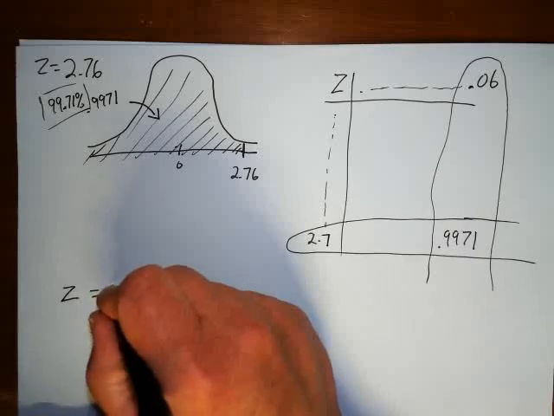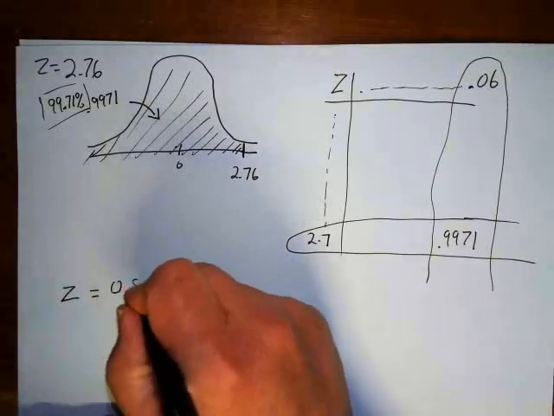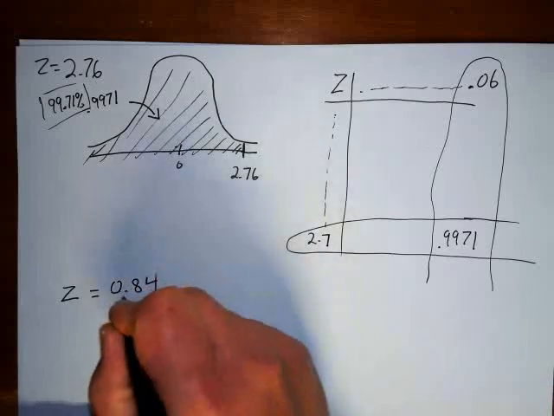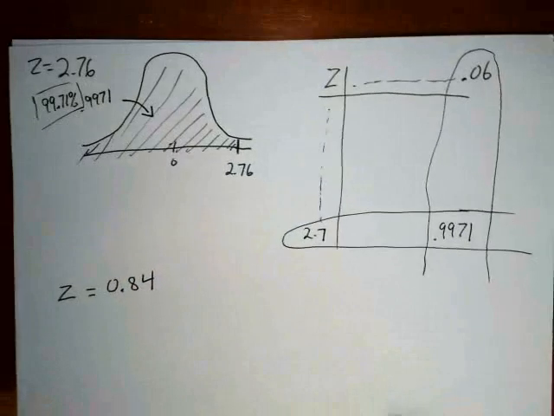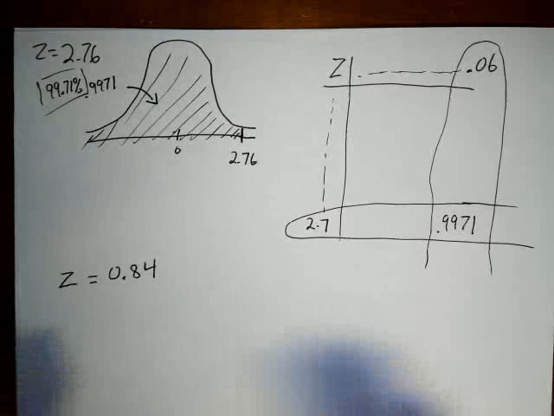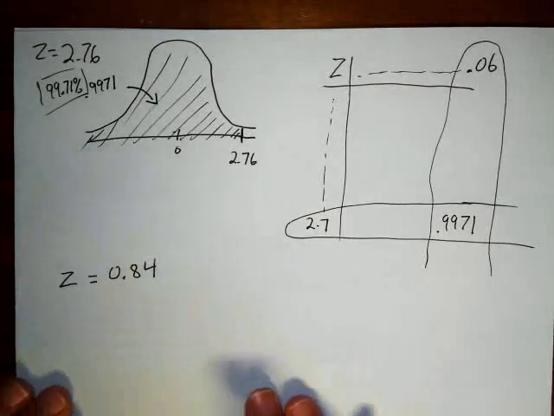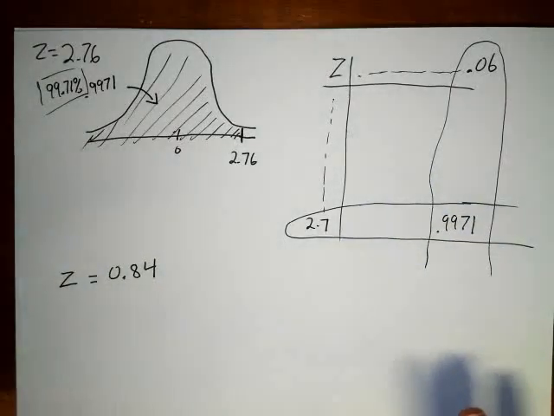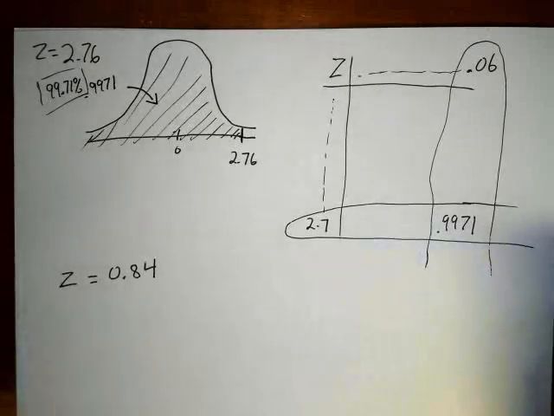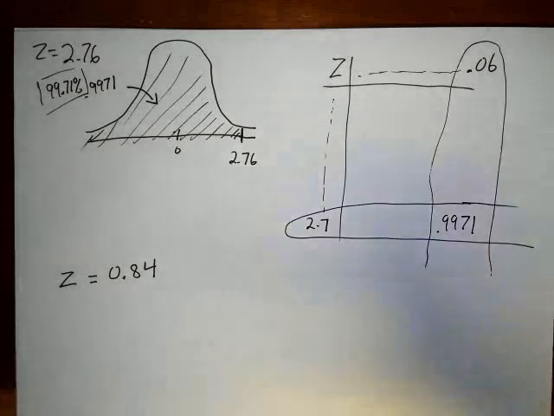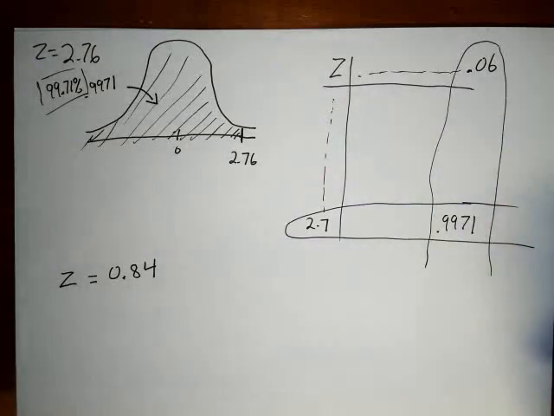We'll say a z-score of 0.84. Why don't you draw a diagram and then see if you can find the area on the table. Okay, so go ahead, hit pause, and then start it back up again and see how you do.